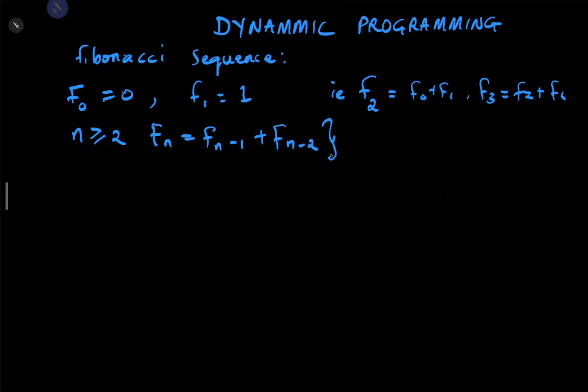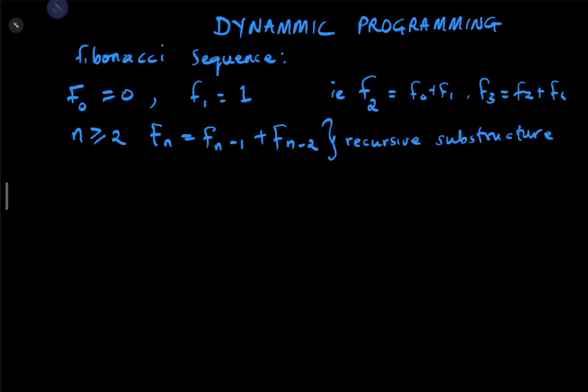And this is a recursive substructure, because this is the formula that gets you your Fibonacci number at each n.